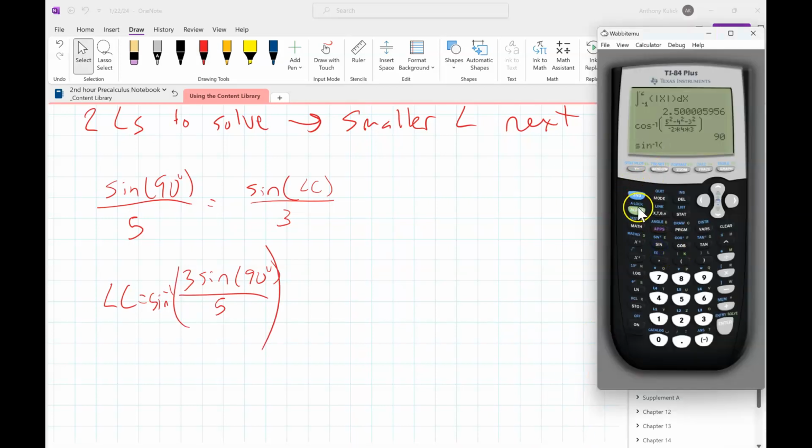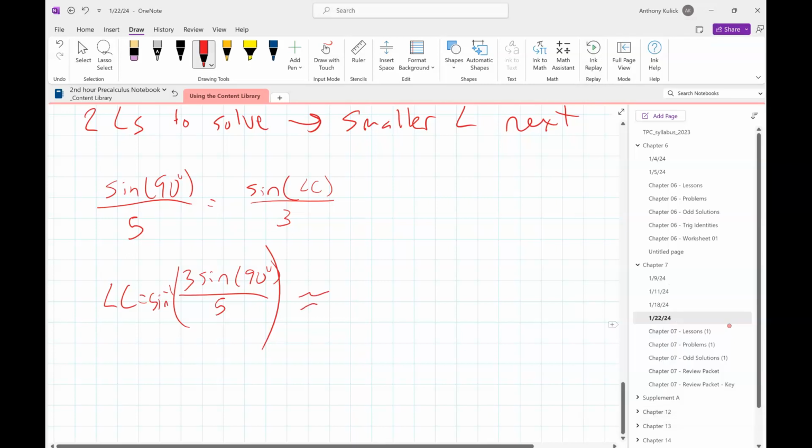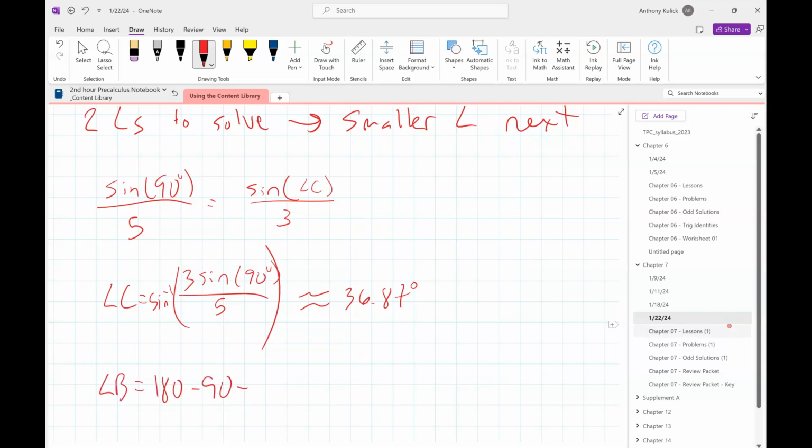So again, I'm going to go to my calculator. I'm going to use that fraction command. And I get 36.87. And then to find my last angle B, that's easy because it's just going to be 180 minus the other 2. So it's like 53.13.